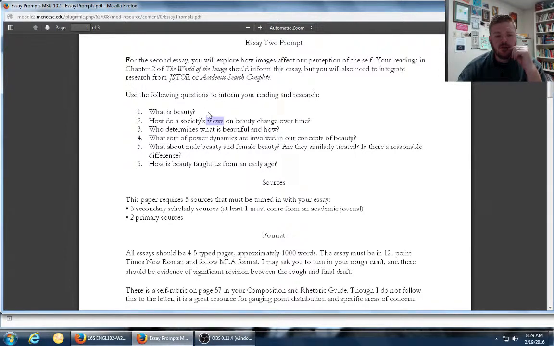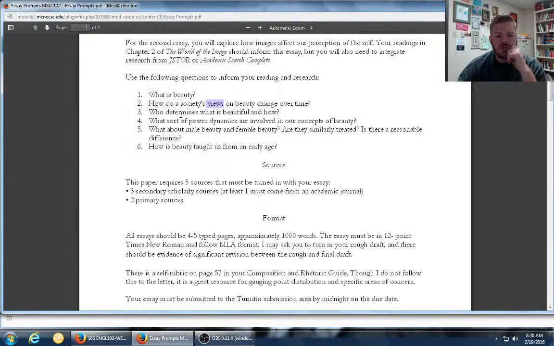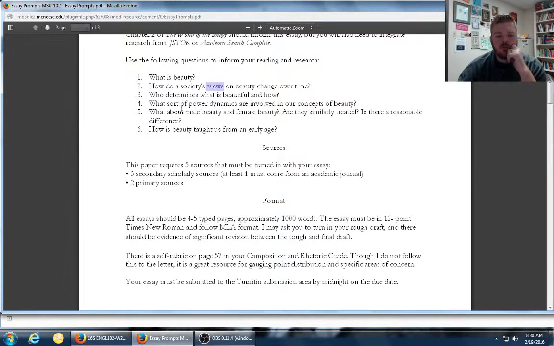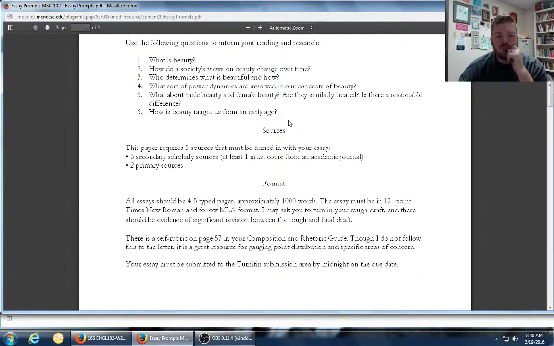How do a society's views on beauty change over time? Who determines what is beautiful and how? What sort of power dynamics are involved in our concepts of beauty? What about male beauty and female beauty? Are they similarly treated? Is there a reasonable difference? How is beauty taught to us from an early age?